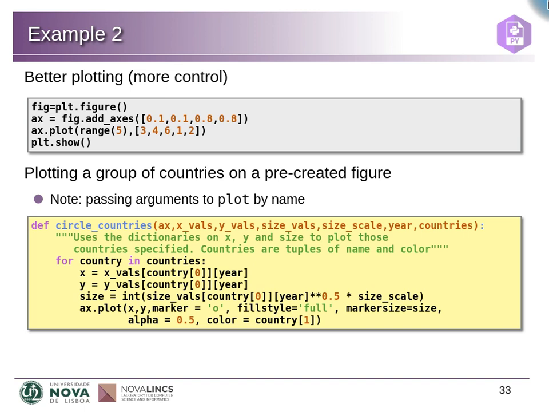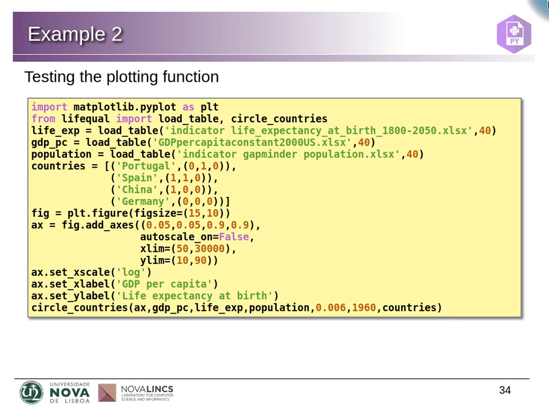Now we have to specify which countries and what color each country will be drawn in. And we can do that in this way. Let's create a list of tuples. Each tuple has two values. The first one is the name of the country, and the second one is a color defined by the red, green, and blue components. You can define any color that you want by mixing red, green, and blue.